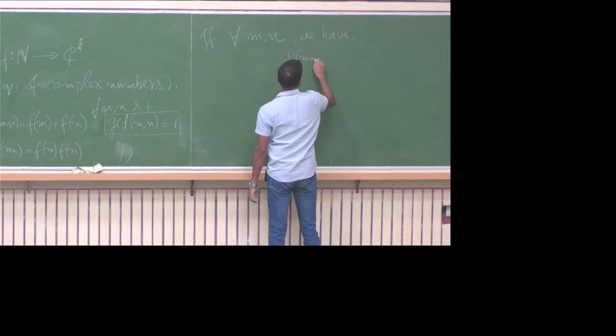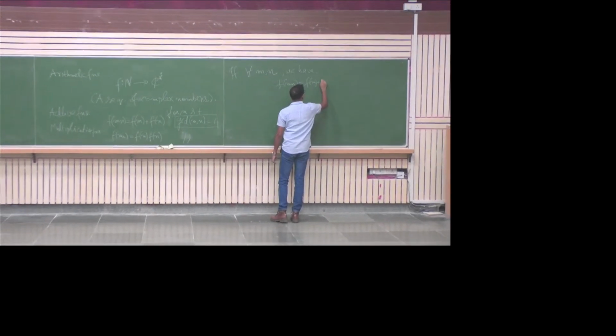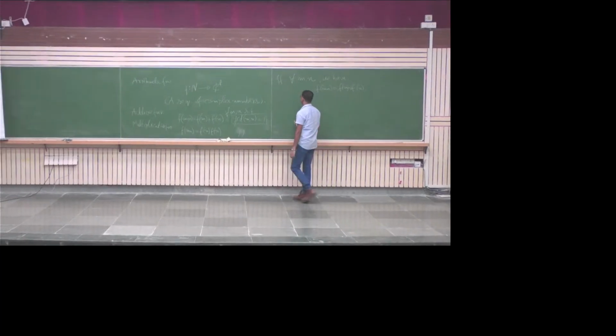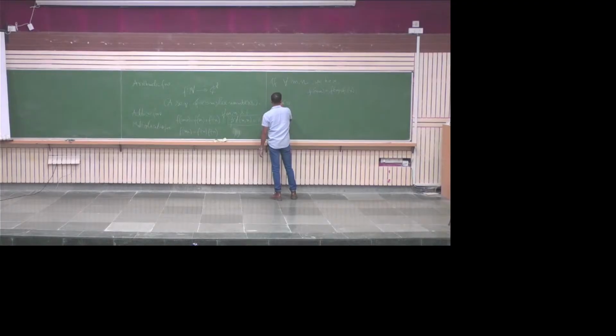f of mn equals f of m plus f of n. We call it completely additive.